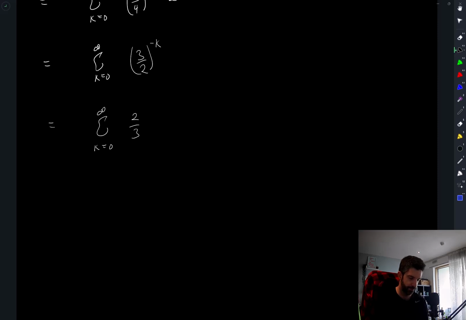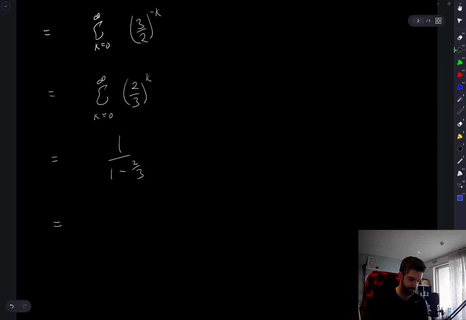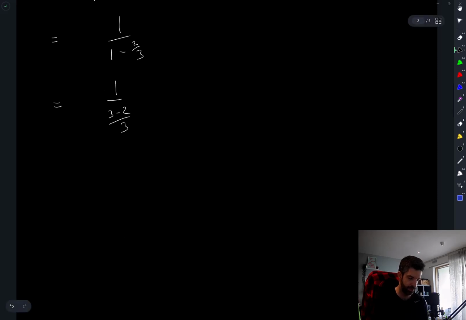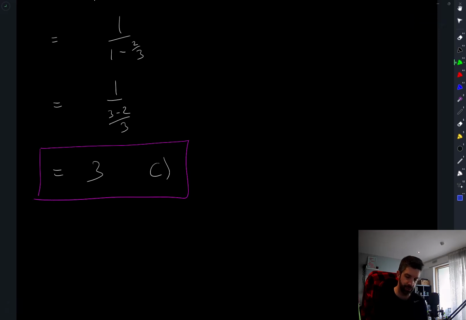So this is 2/3 to the k, and that's 1 over 1 minus 2/3, which is 3. So that's option C. Okay, I hope I didn't make any arithmetic mistakes or anything like that.